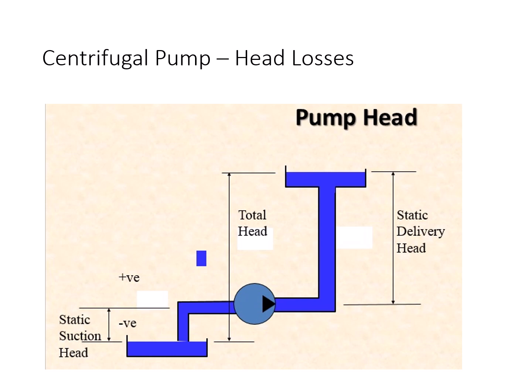Let's see a diagram that explains in a clear way the pump head. You can see this is a total head. This total head is what you use to select the proper centrifugal pump.